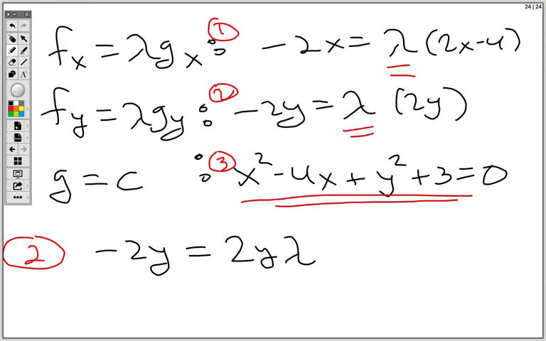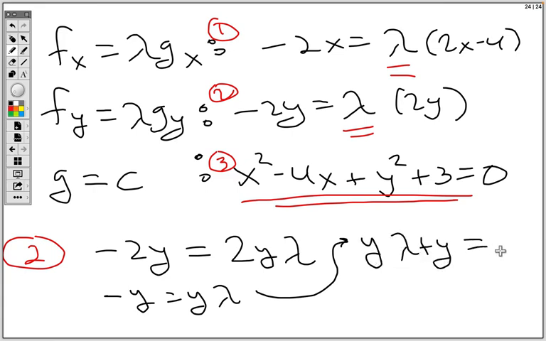Yeah, you could divide by 2. So that makes it easier. And then we can move everything over. I can add the y to both sides. Y lambda plus y is 0. And factor the y out.